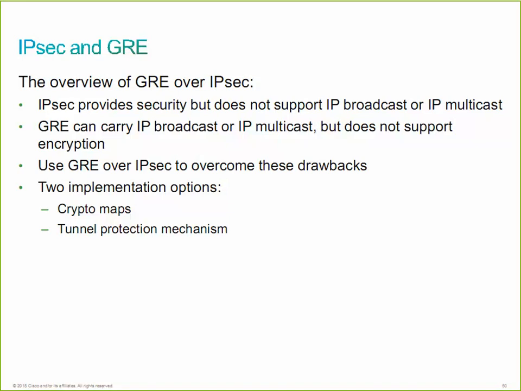If, and this is a very important concept, if you're using GRE over IPSec that's going through a NAT or a PAT device, when we're doing network address translation or port address translation, you have to use tunnel mode, okay? Because remember, we're leaving the original IP header intact.